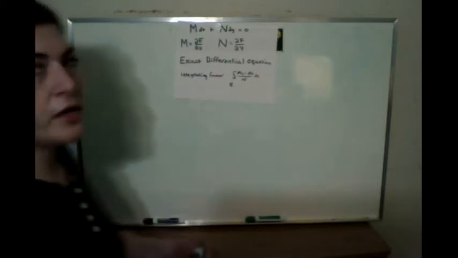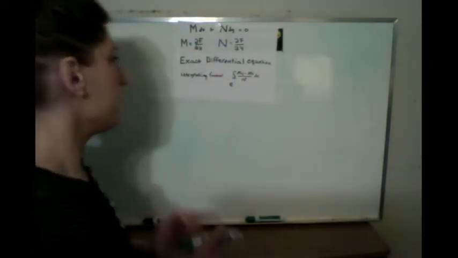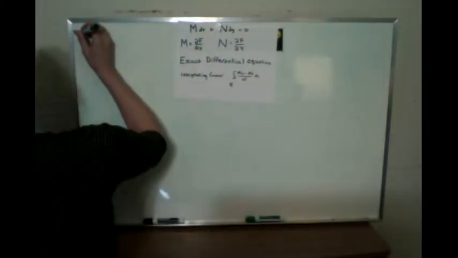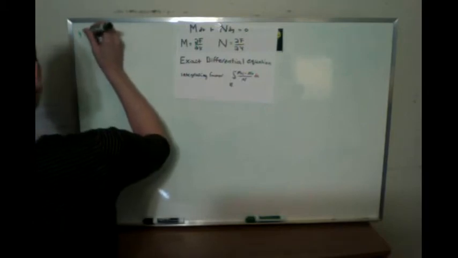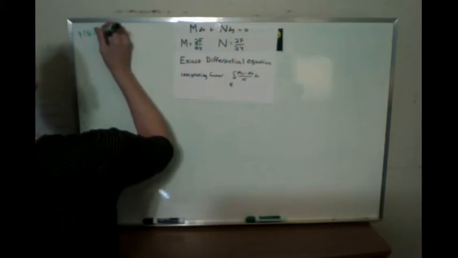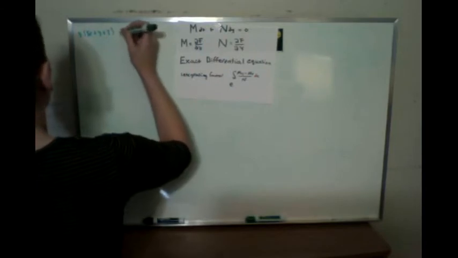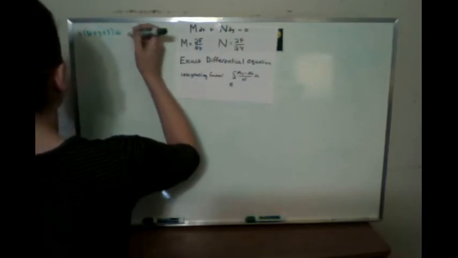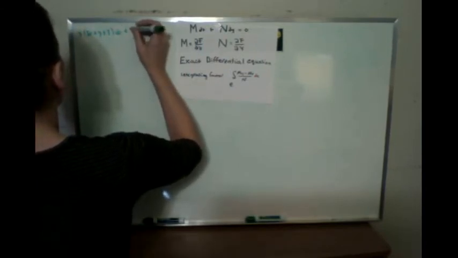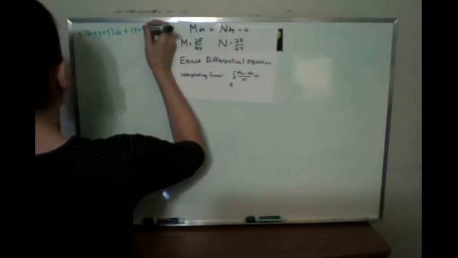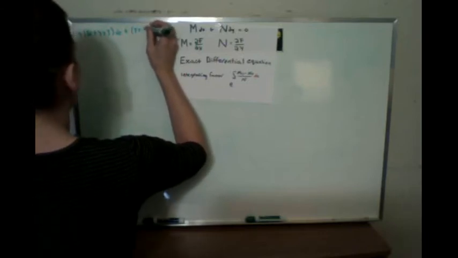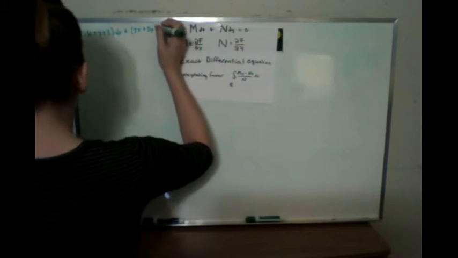The differential equation which I'm going to be solving is y times (3x plus y plus 3) dx plus (3x plus 2y) dy.